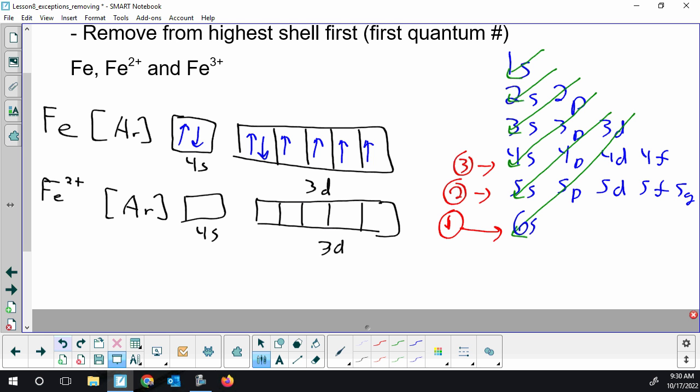We have to remove 2 electrons, and we have to remove them from the largest principal quantum number first. So our valence electrons are in 3d and 4s. So the largest principal quantum number isn't those last electrons we added. 4 is actually the biggest shell, the biggest principal quantum number. So we're going to take those away first.